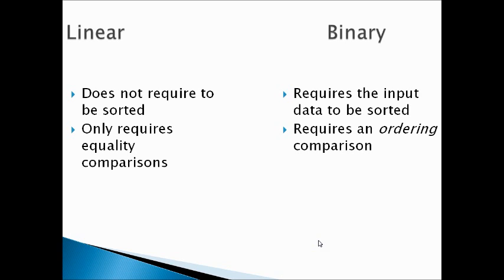If it doesn't, we'll continue our search pattern. Whereas binary search requires an ordering comparison, which means that we're going to need equal, less than, and greater than to accomplish what we're looking for.